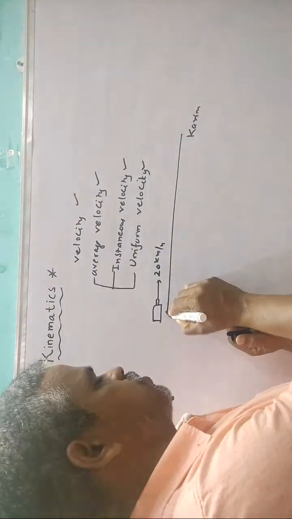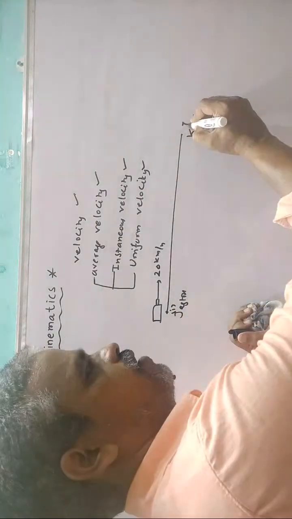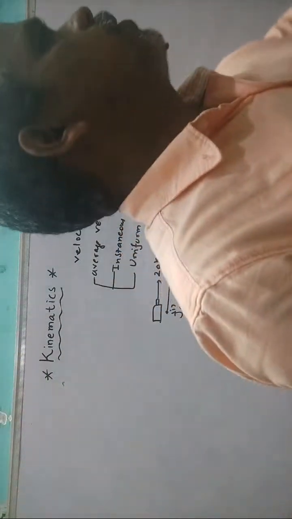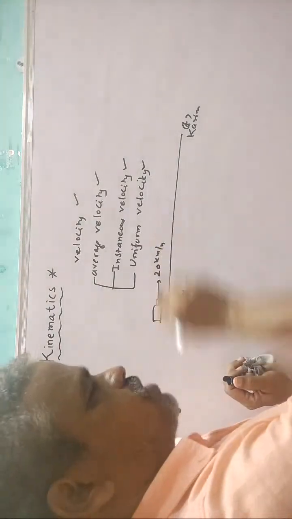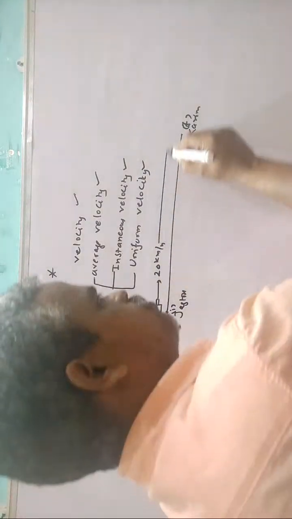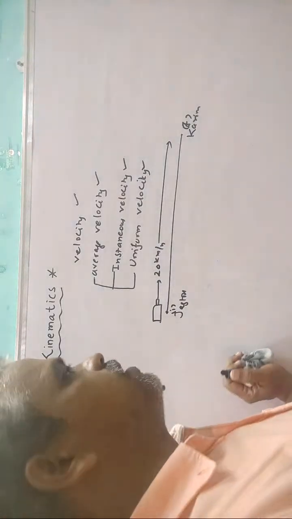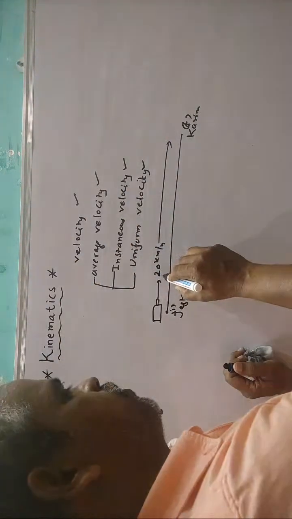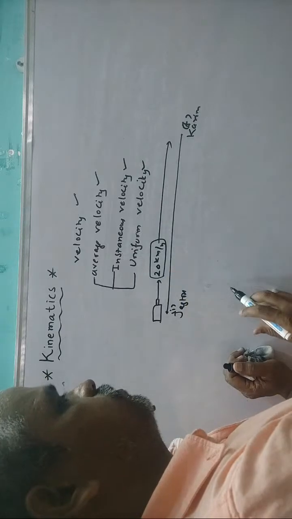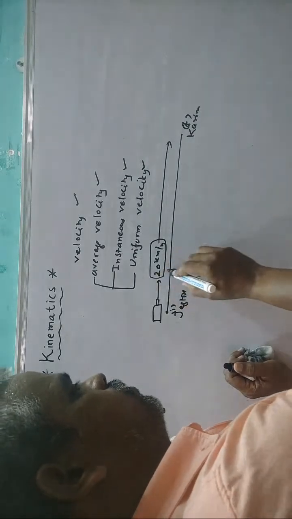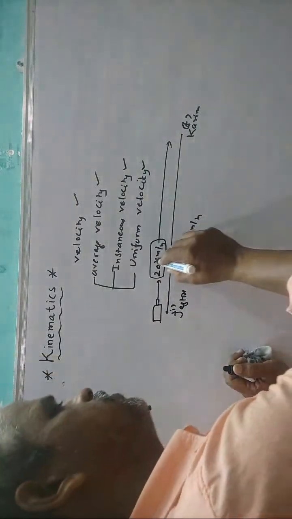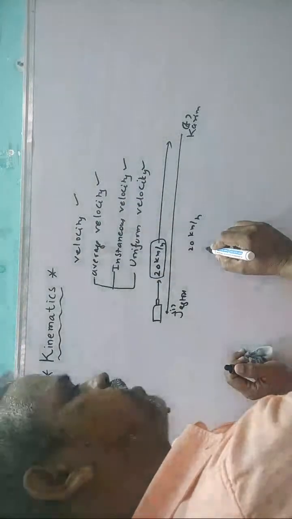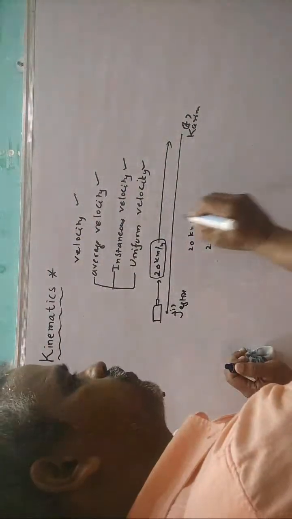That means from the initial point to the final point, he is traveling with 20 kilometer per hour throughout the journey. Then we can say Balu is moving with uniform velocity. Uniform velocity means 20 kilometer per hour. Average velocity will also be the same.